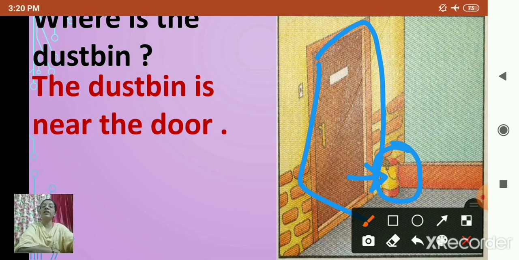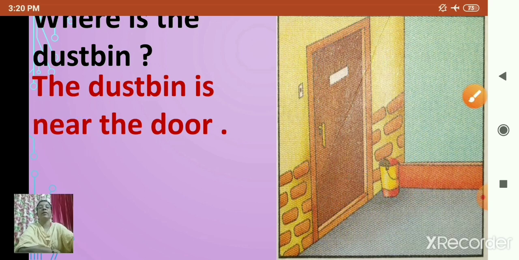So which word tells us the position of the dustbin, or where the dustbin is? Yes, the word near. So near tells us where the dustbin is. The dustbin is near the door.